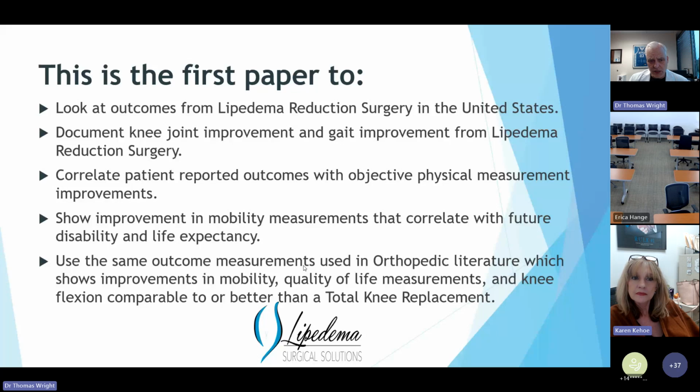It shows improvement in mobility, and uses the same measurements that are used in orthopedic literature to show mobility and knee flexion, etc. I chose the measures that we followed in this study to reflect those that are also followed in a total knee replacement. So we can compare the results of treating the lipedema in the leg versus a total knee replacement.